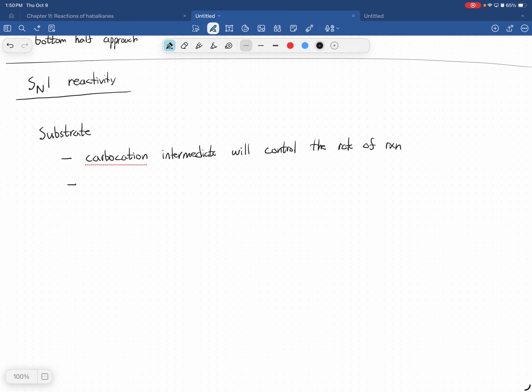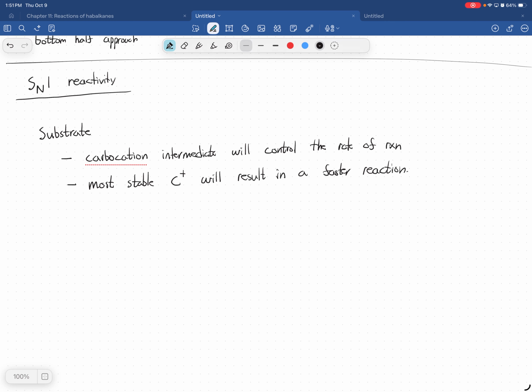So here, most stable C plus, okay, will result in a faster reaction, okay? So the carbocation is the rate limiting step. So the most stable carbocation will form the fastest. Therefore, that reaction will occur most readily, okay?